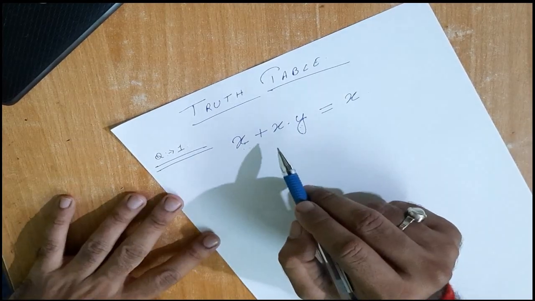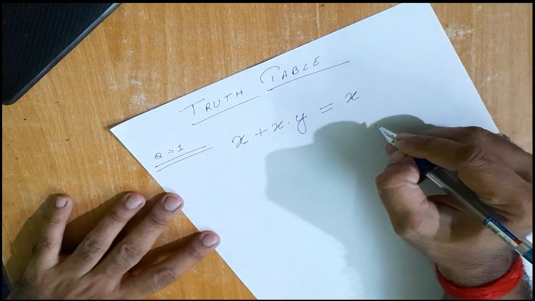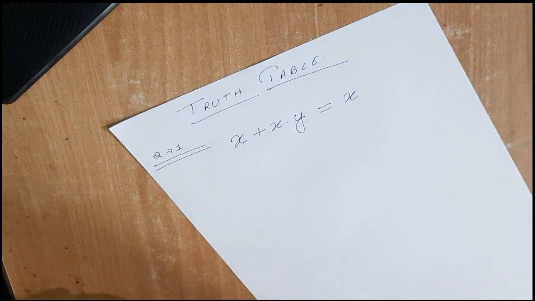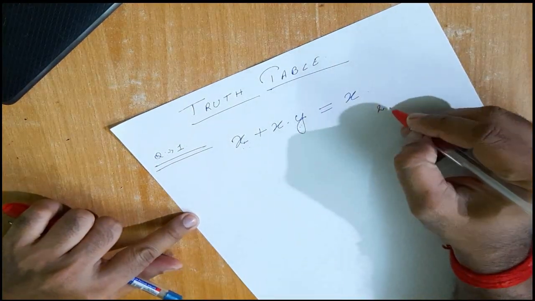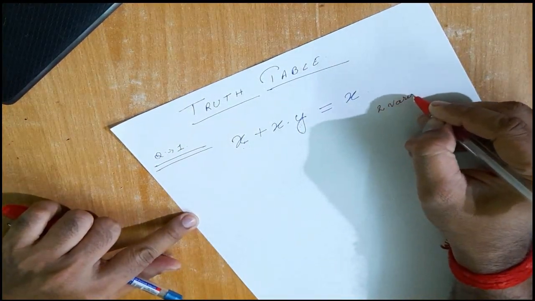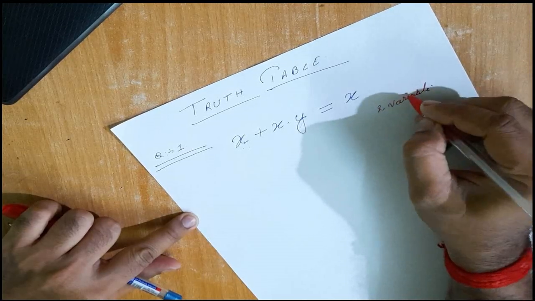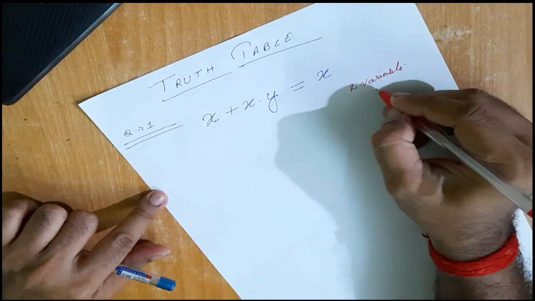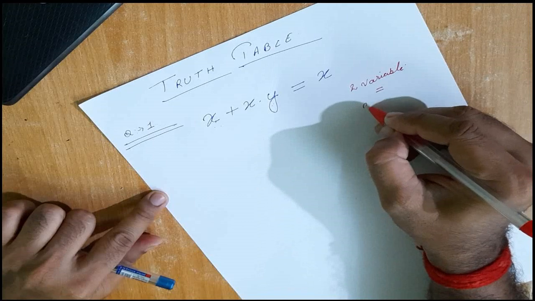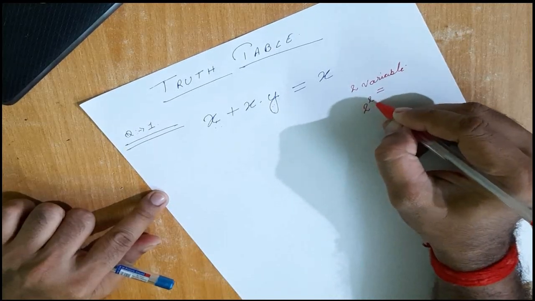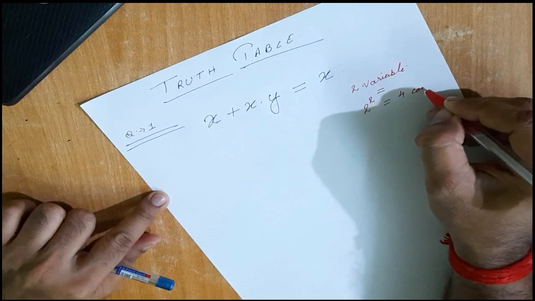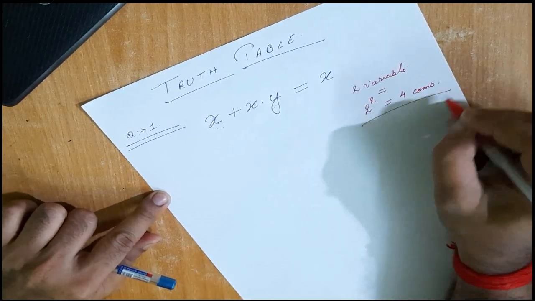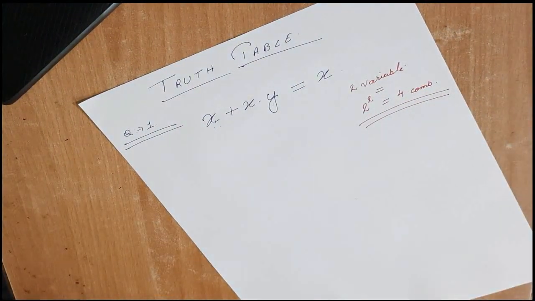So if it is 2 variables, let me write down, 2 variables will result in 2 to the power of 2, that is 4 combinations, right?